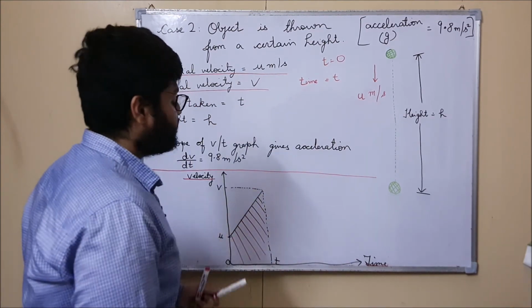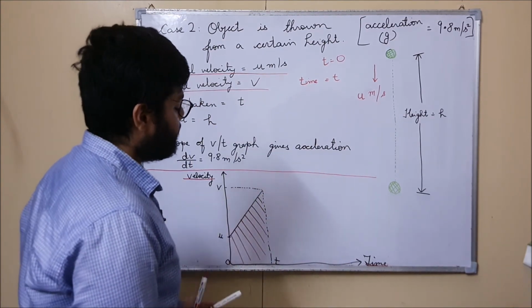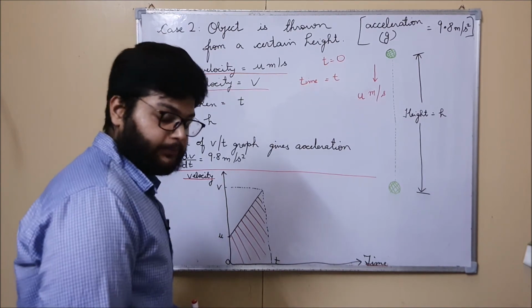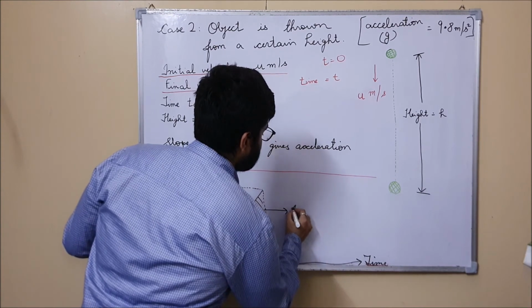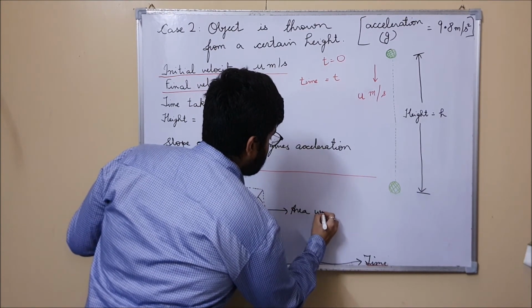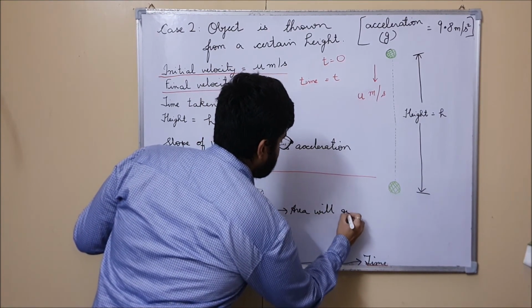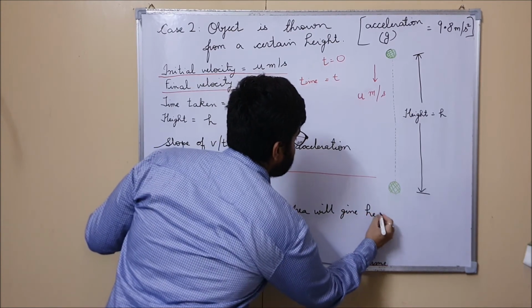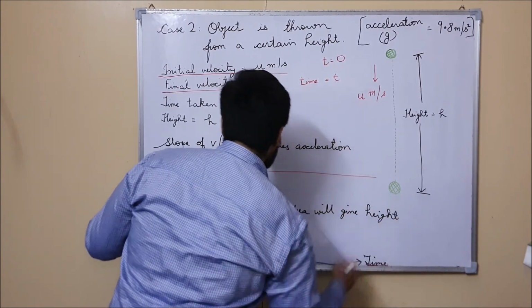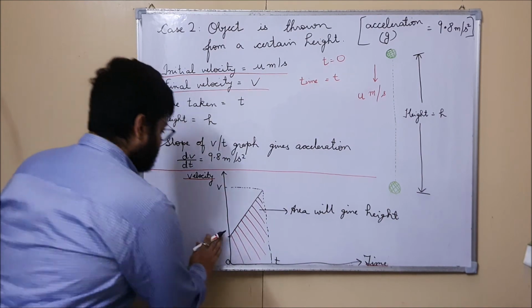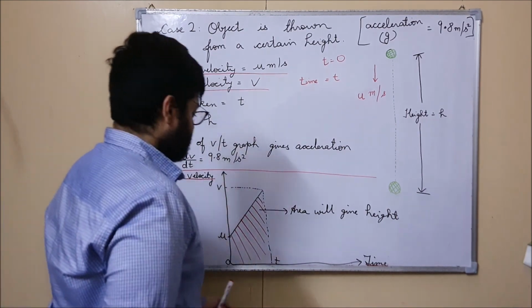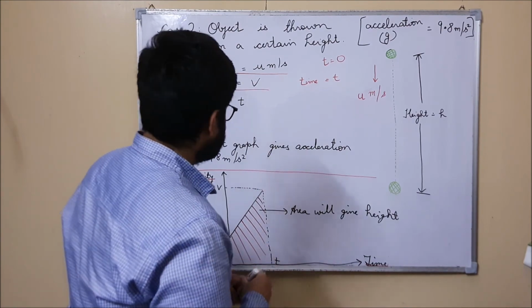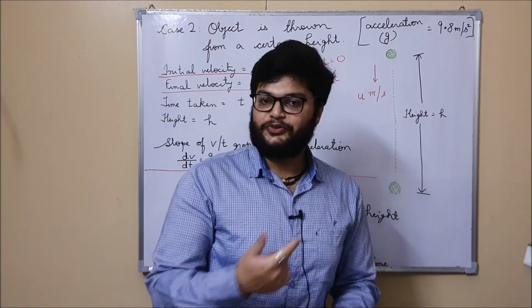The area under the velocity time graph gives displacement, so the area will give height. Is it clear to you? Simple. It was quite simple.